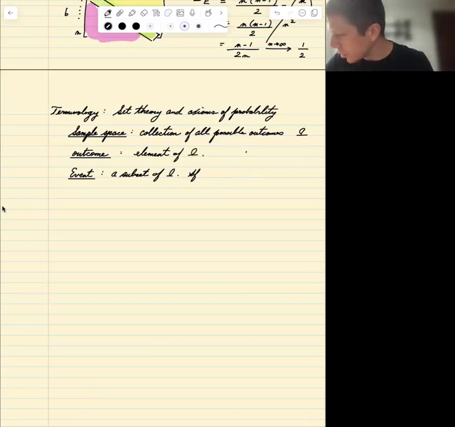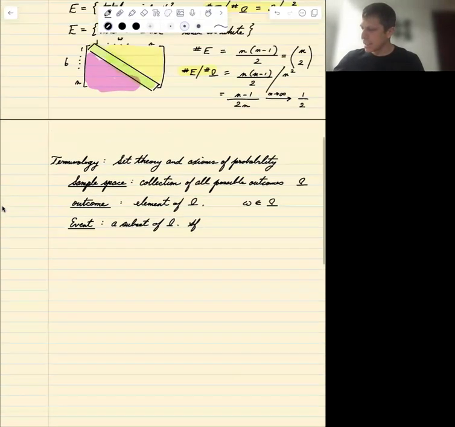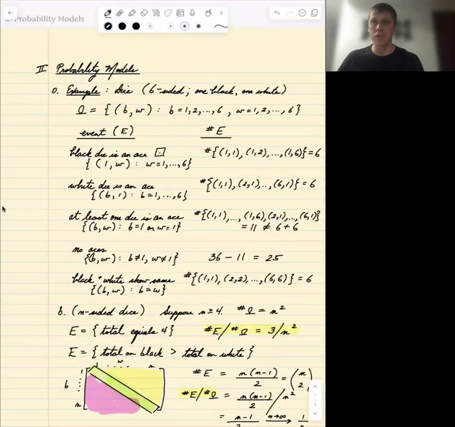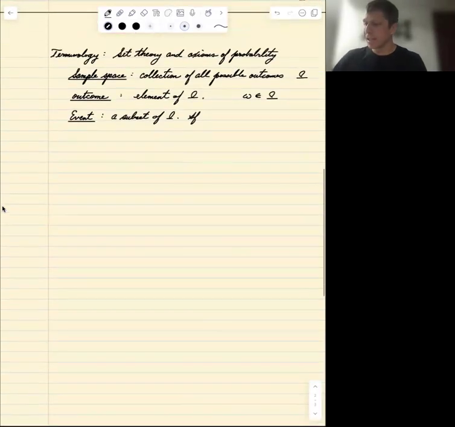So we would write this as little omega is an element of omega. So all of the 36 different pairings of two dice, each one of those is an element of the set, and each one of those is an outcome. An event is a subset of omega.